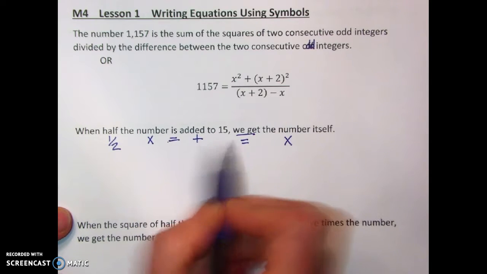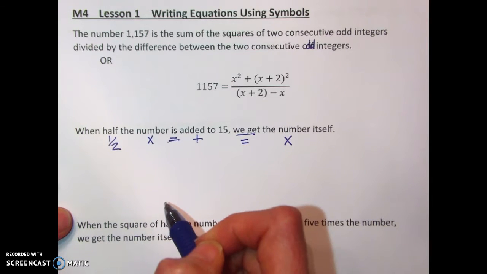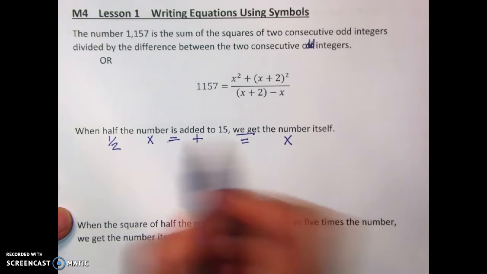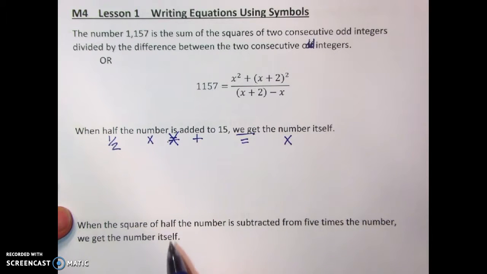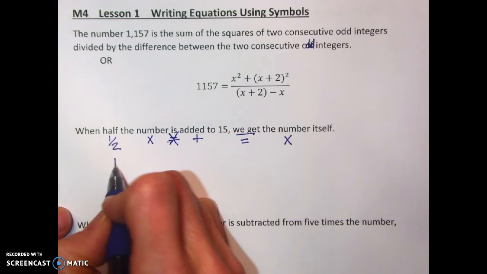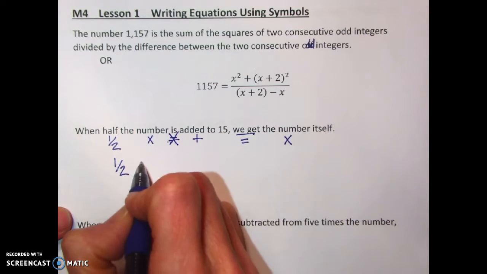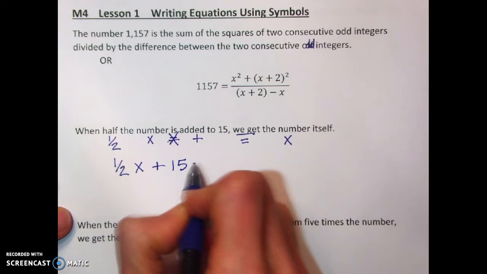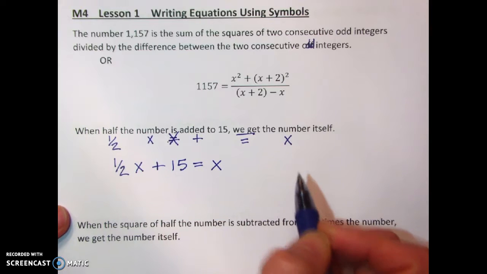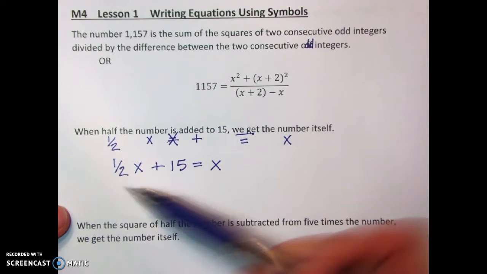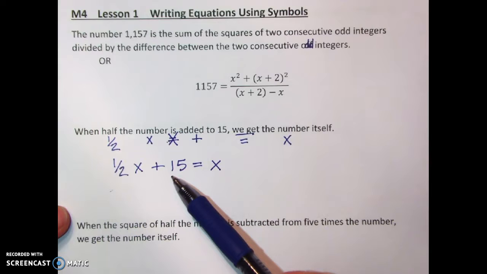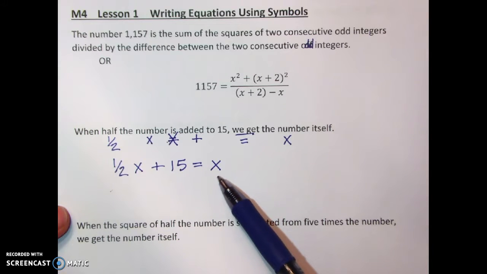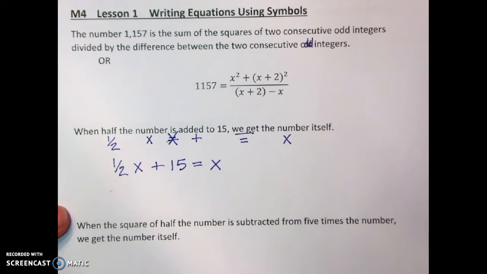So I don't think we want two equal signs here, so we have to figure out which one is our equal sign, and I believe it's going to be the we get, not this is, so we're going to cross this off. So right now we have half x plus 15 equals x, and that's how that would translate. So half of a number is added to 15, we get the number itself. Okay, let's try another one.